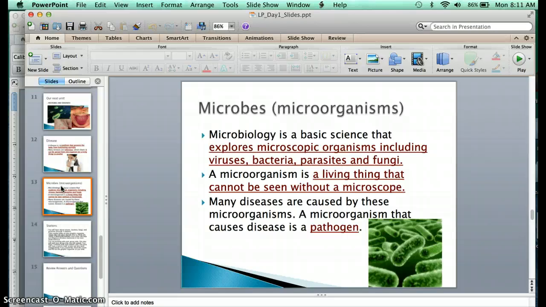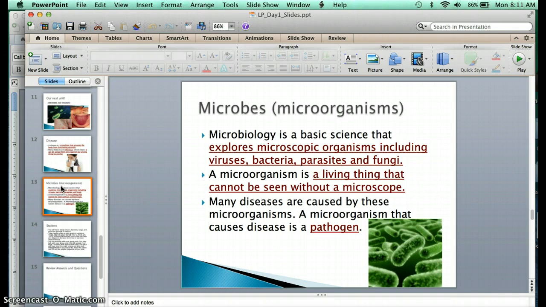Micro means little, so microbiology is a basic science that explores microscopic organisms. Microscopic organisms are organisms that you can only see through a microscope. You can't see them using just your eye. I'm not going to be able to see microscopic organisms on the floor without a microscope.